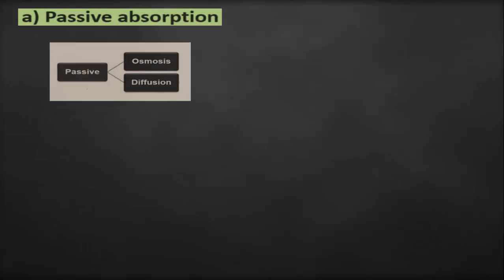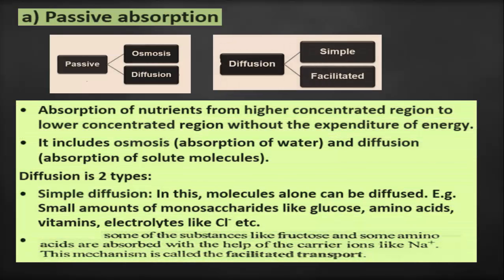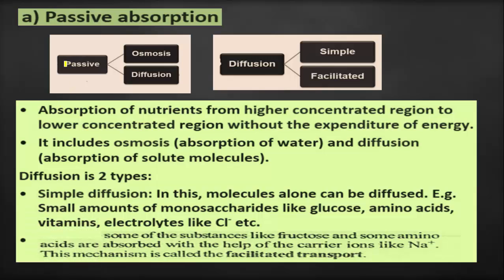So let us concentrate now. What is passive absorption and how does it occur? Passive absorption, as I told, is carried out without expenditure of energy. That is why the term passive. In passive absorption, two mechanisms are observed: one is diffusion and another is osmosis. Diffusion is of two different types, simple diffusion and facilitated diffusion.